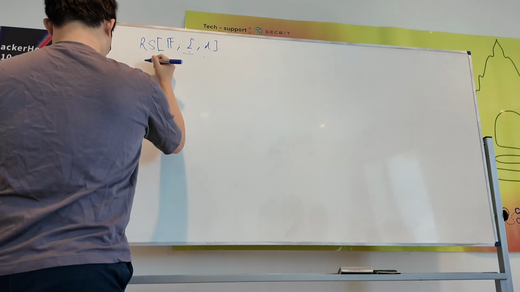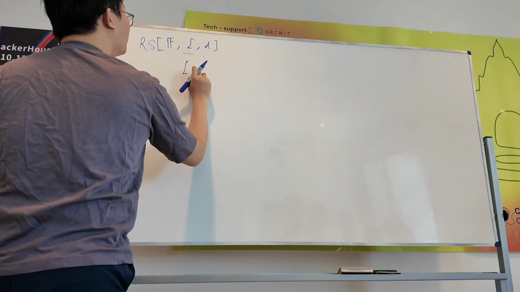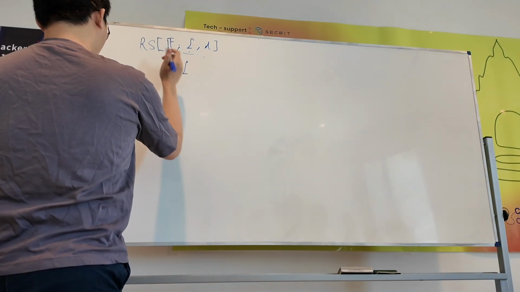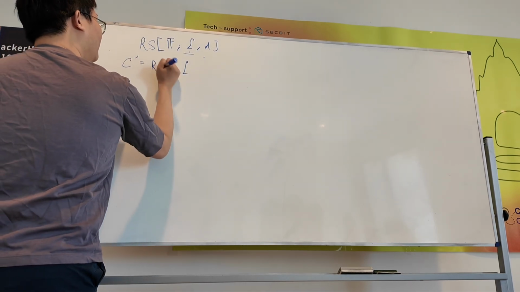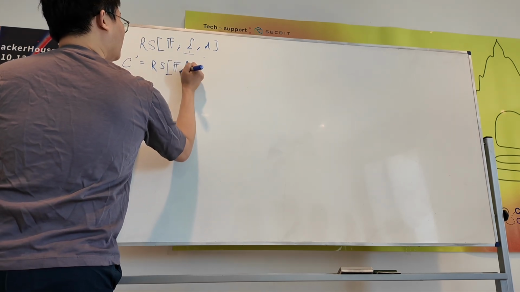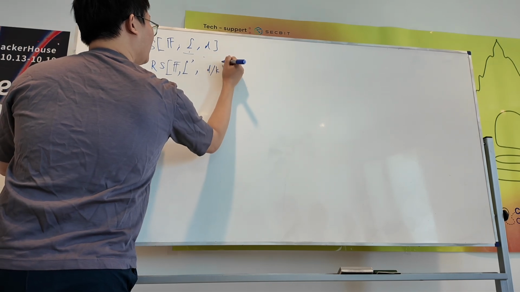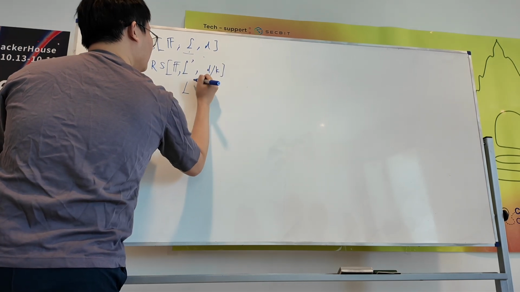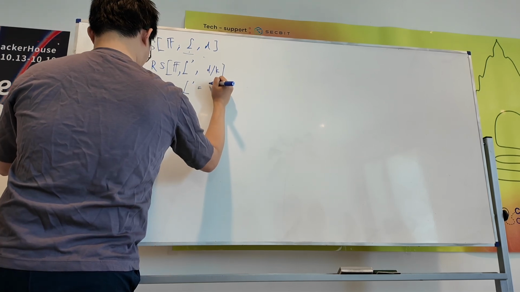So in STIR, it tries to find something called C prime, and given this, it tries to find something called L prime.